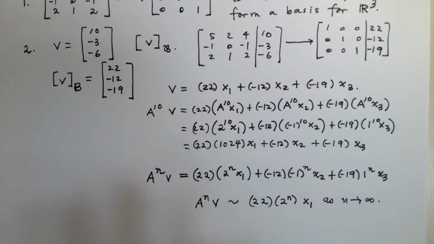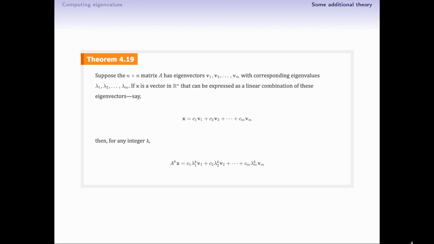Okay, so let's head back to the class notes and pick up on this theme. Our next theorem, Theorem 4.19, is a generalization of what we saw in our previous problem. Suppose the n by n matrix A has eigenvectors v1 through vm, with corresponding eigenvalues lambda 1 through lambda m.